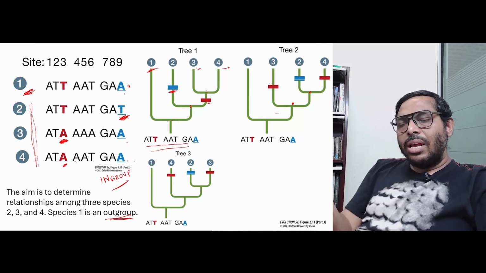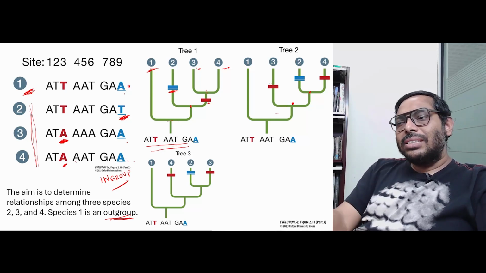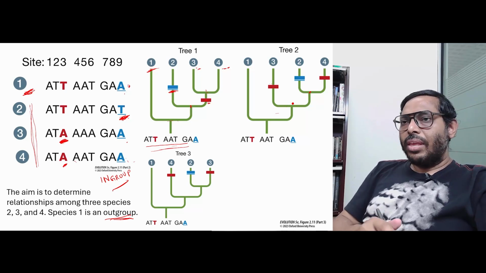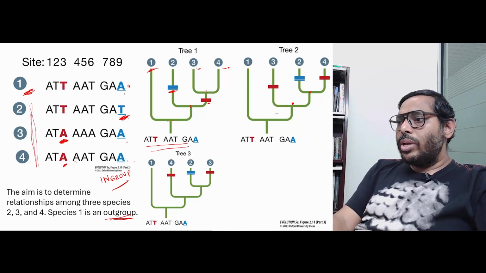If you do that, you will essentially recover the same tree, but when you are doing this, remember you can see that you have to posit at least 3 mutations to get to this.